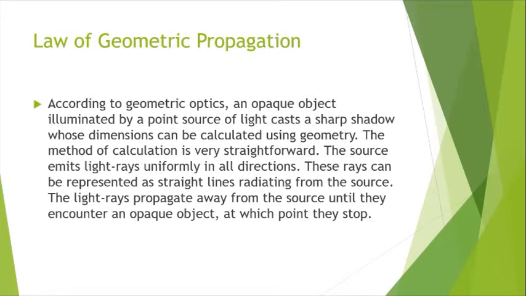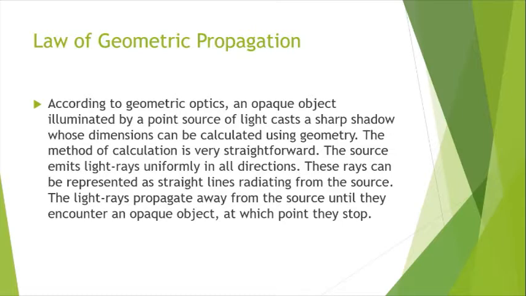The source emits light rays uniformly in all directions. These rays can be represented as straight lines radiating from the source. The light rays propagate away from the source until they encounter an opaque object, at which point they stop.